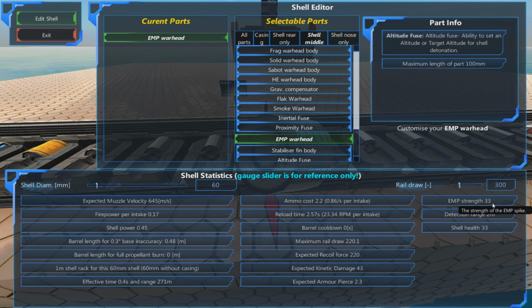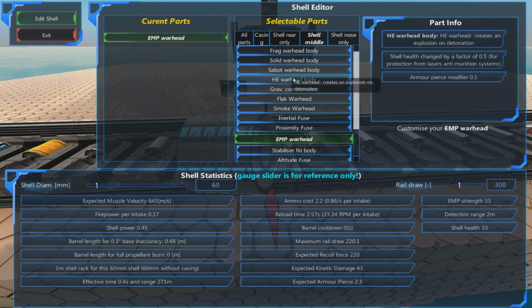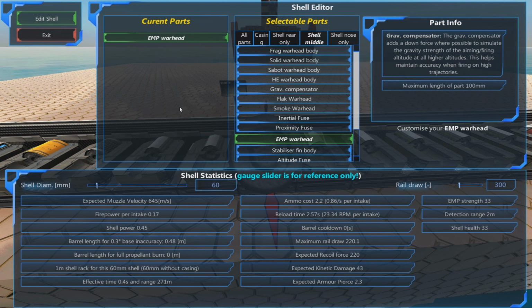EMP strength 33 isn't going to do anything. So EMP is a little bit weird. Having lots of flak warheads on separate shells, or HE or frag, is very useful because the damage stacks better, and you have a whole lot of kaboom all at once. EMP doesn't work like that.